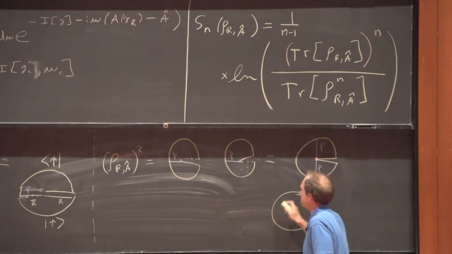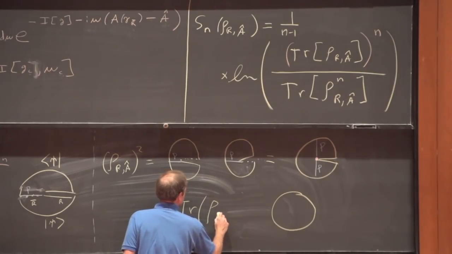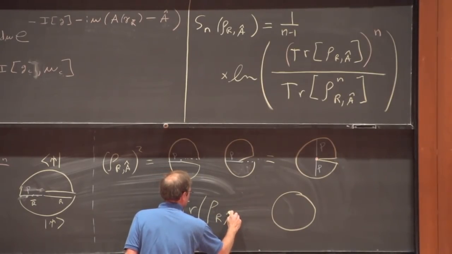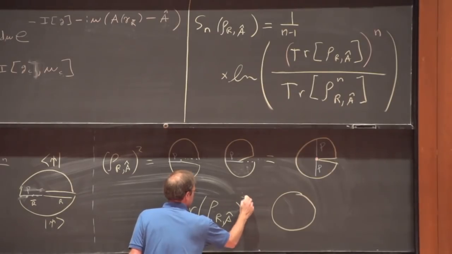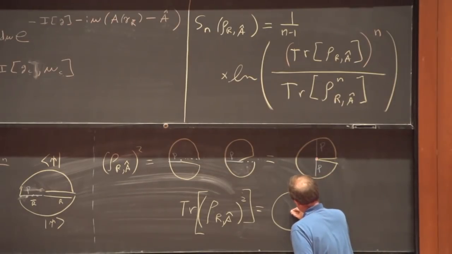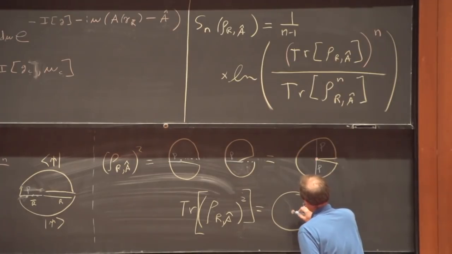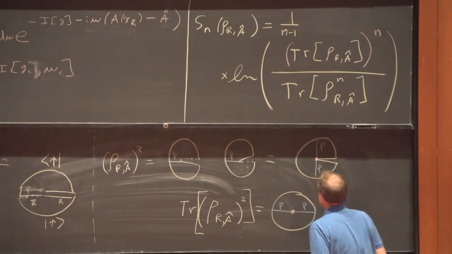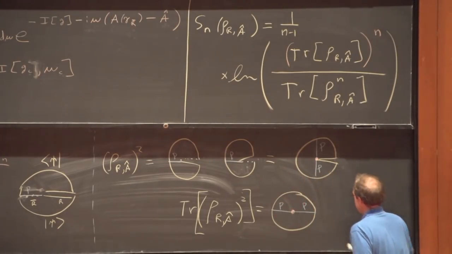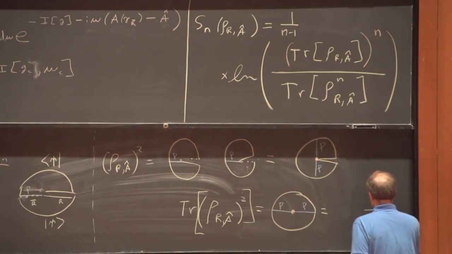So I will draw the sewn object, trace of rho r a hat squared, is this creature, where I have this conical excess in the center, and I have a projector there, and a projector there. And I will now cut this object apart to write it in this way.